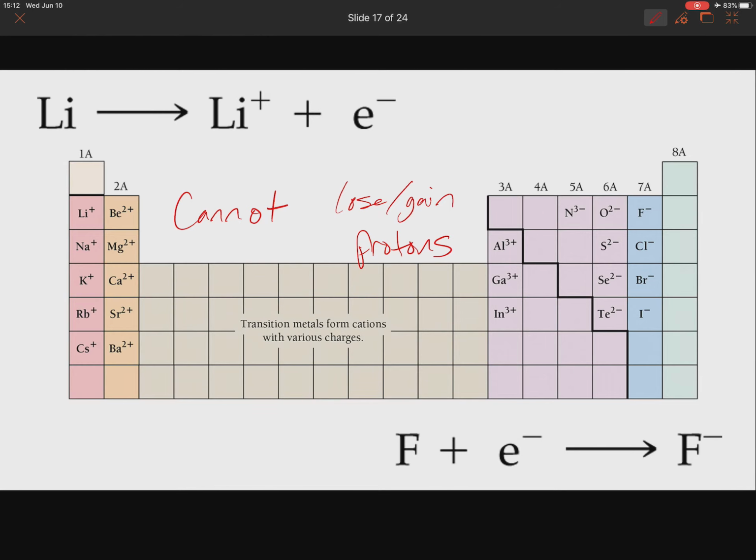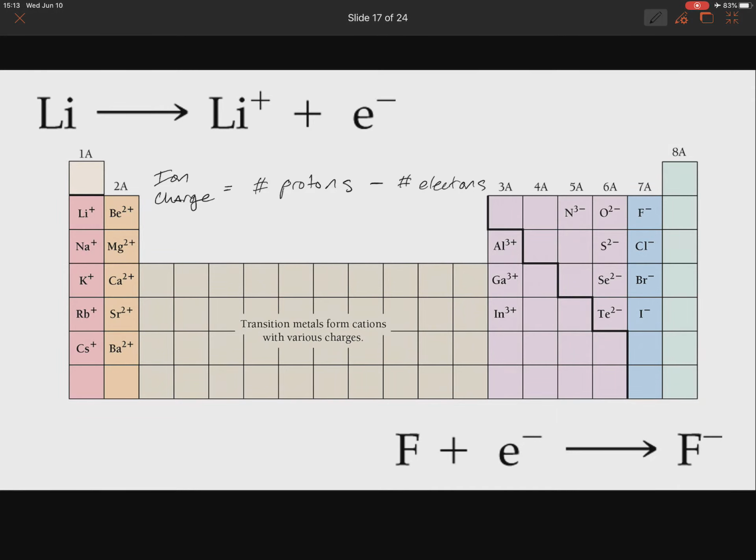Okay, if you need a formula, the ion charge is going to be equal to the number of protons minus the number of electrons.